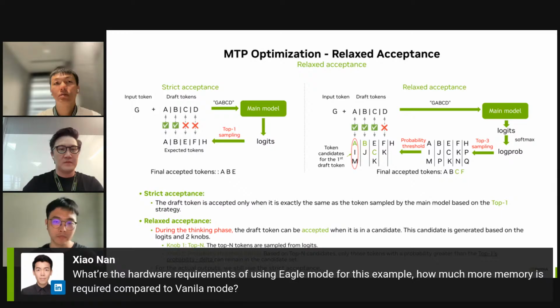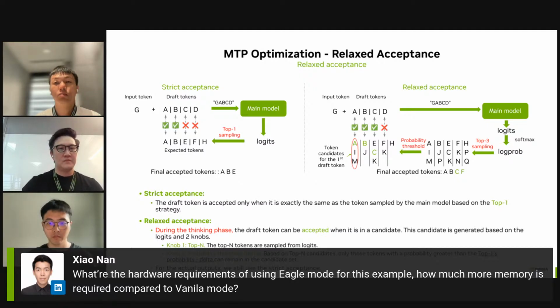The first thing I thought is that it will require more GPU memory to store one more layer's weights. MTP Eagle will only have one set of weights, and we will reuse these weights multiple times, so we need extra GPU memory to store them.